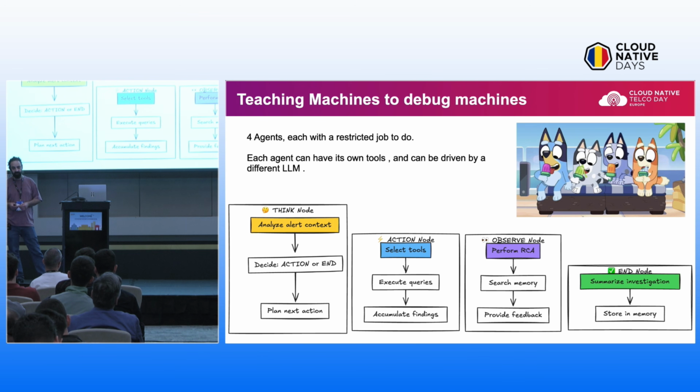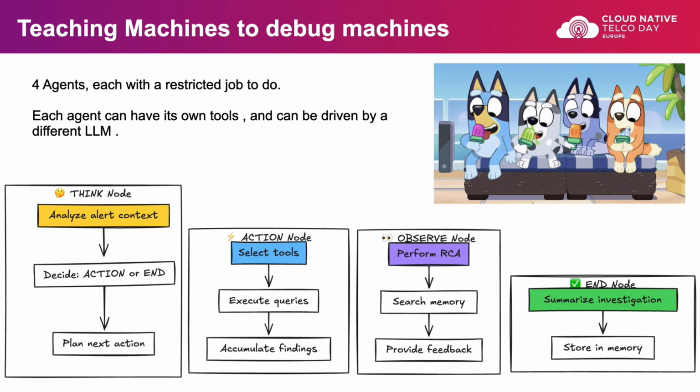If it's an action, it goes to the action node, which has access to a certain kind of MCP tools, to run Flux commands, kubectl commands, OpenStack commands, and so on. It takes all that output and passes it to the observe node, which has a reasoning mode enabled. It will look at all this information. It will check Grafana's Prometheus.